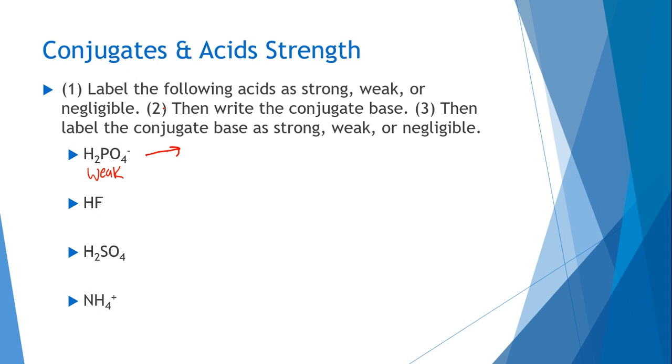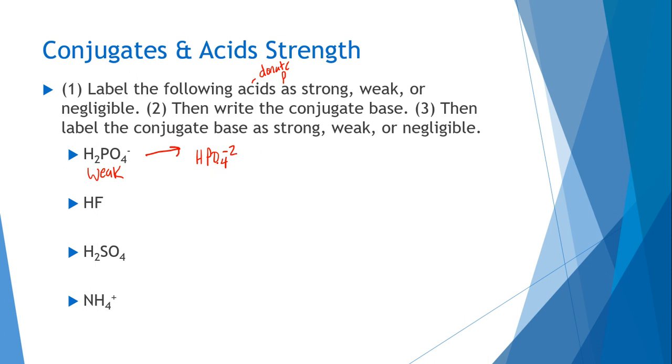Now, the second part of the question is we're going to write the conjugate base. Knowing that these are acids means that they're going to donate protons. So here I'm going to donate a proton, that means it's getting rid of it. So HPO4, since I got rid of a positive charge, this is going to become -2.